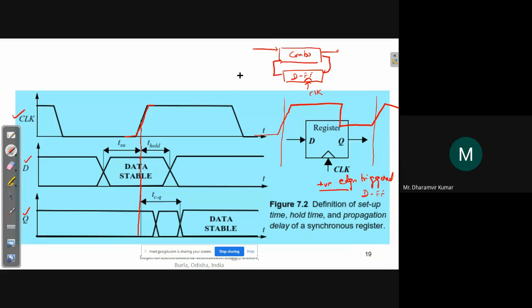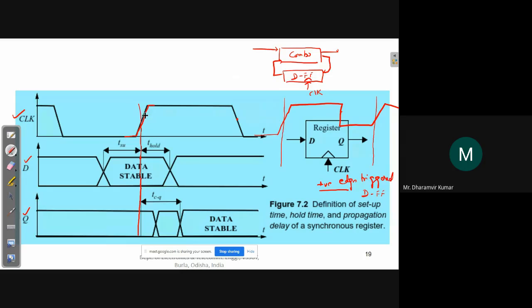If this is a positive edge triggered flip flop, all these rising edges are important. For a negative edge triggered flip flop, these falling edges are important. But since we have assumed that this is a positive edge triggered flip flop, all the things will be calculated with reference to this transition, which is occurring from 0 to 1 for the clock signal.